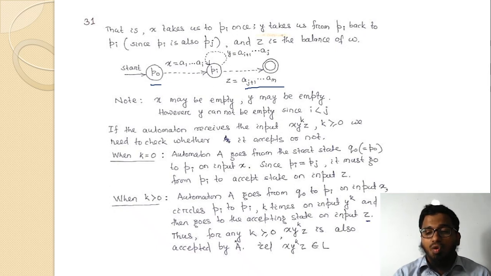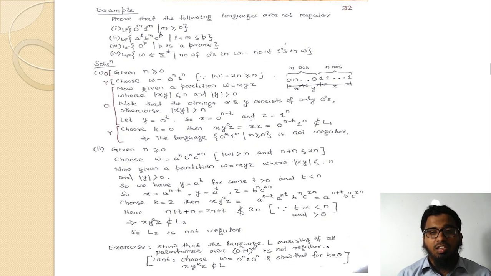Thus for any k greater than or equal to 0, x y to the power of k z is also accepted by A, that is, x y to the power of k z belongs to L. This is important. Now see the example; first I will show you the first example.